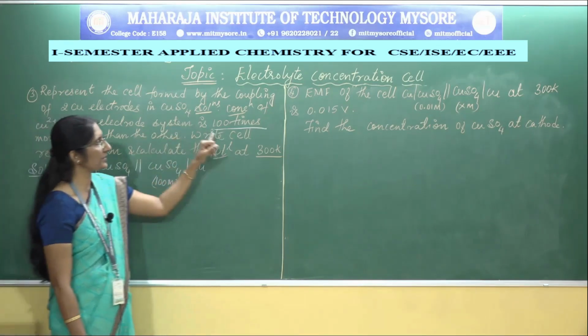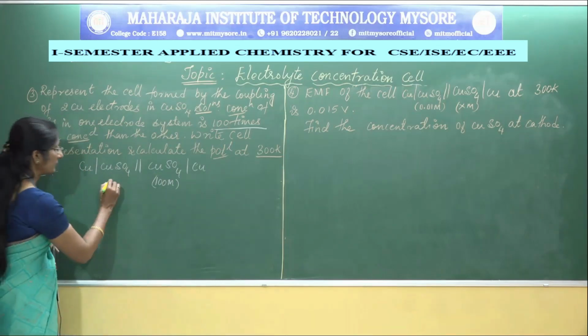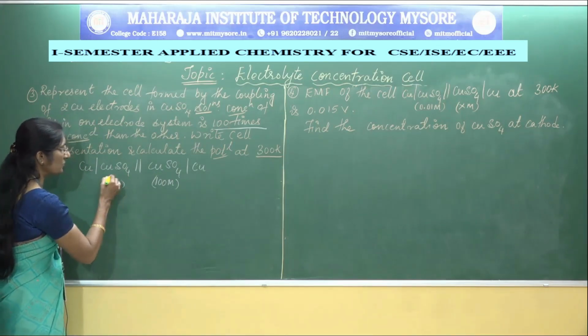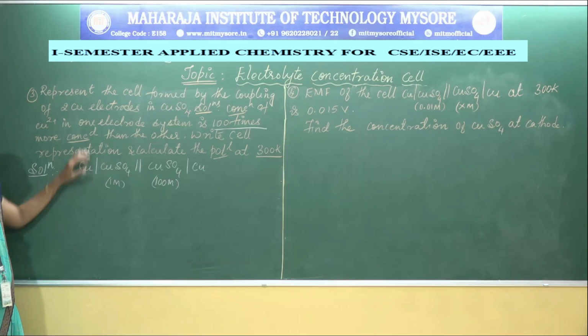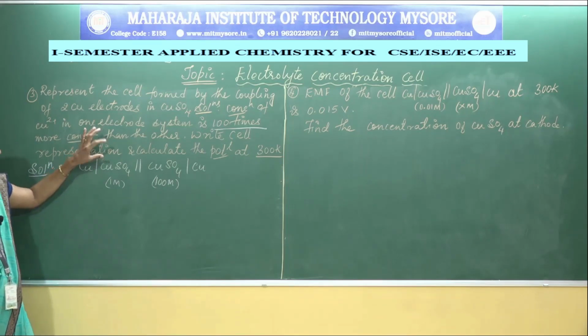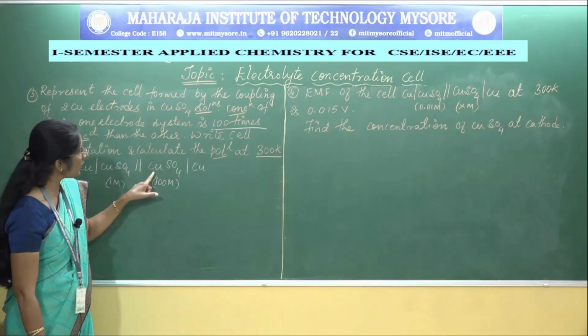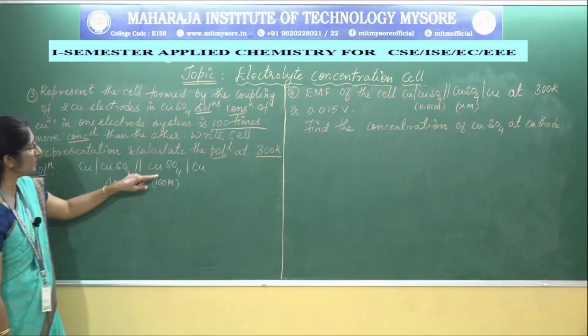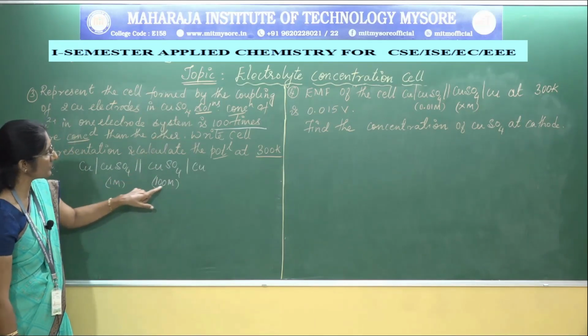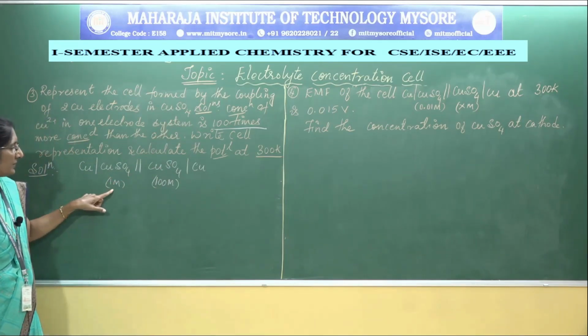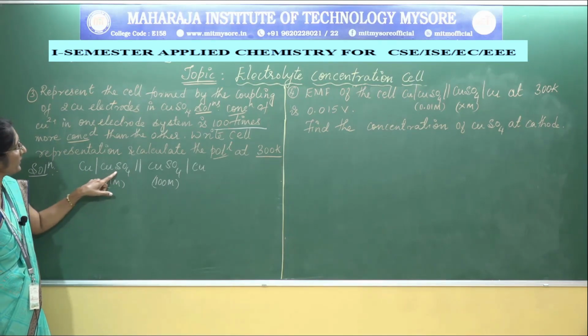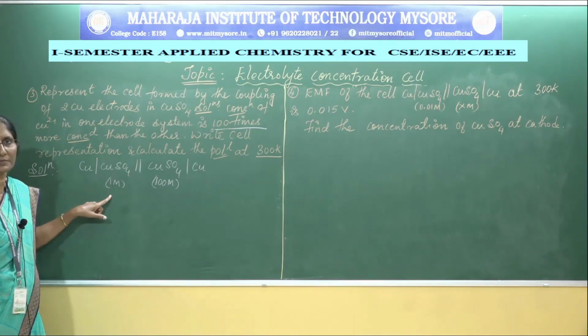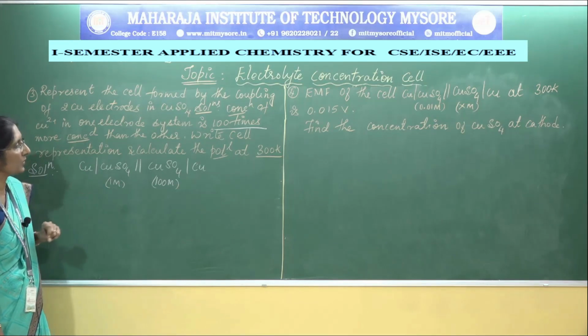It is 100 times less concentrated, so therefore its concentration is 1 molar. Is it clear? According to the given data, the concentration of copper sulfate at one compartment is 100 times more concentrated than the other compartment. So therefore the concentration of copper sulfate at anode compartment is 1 molar.